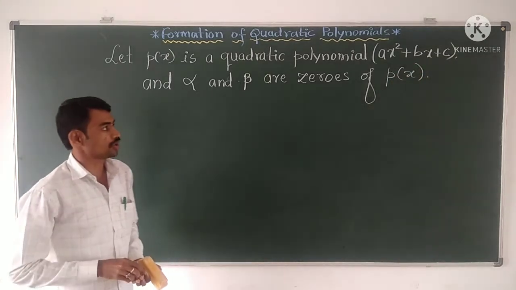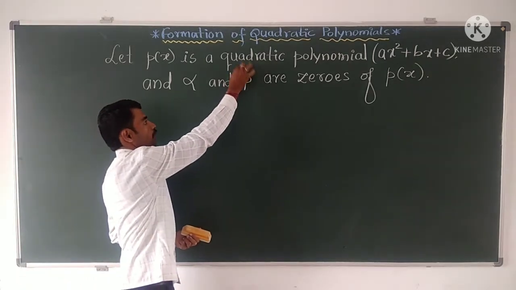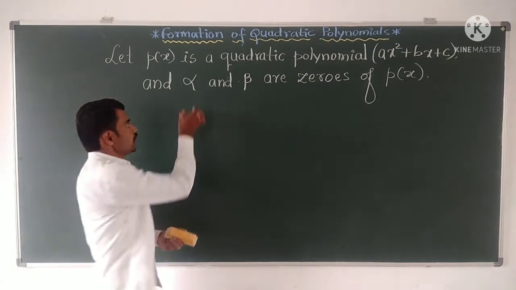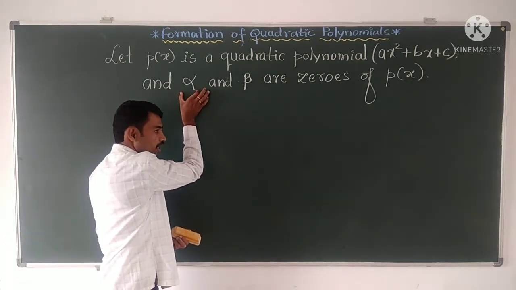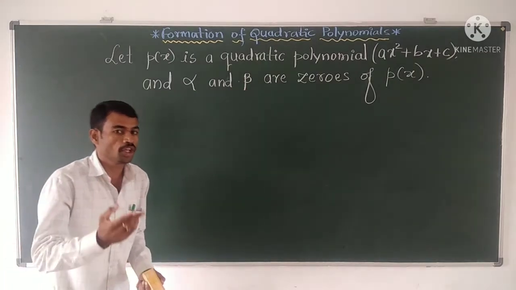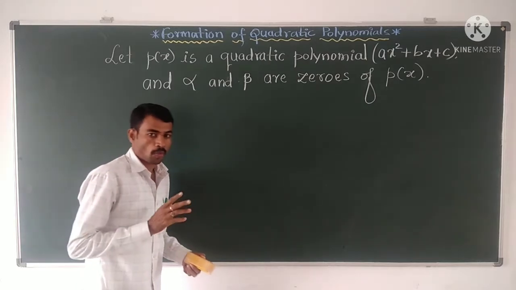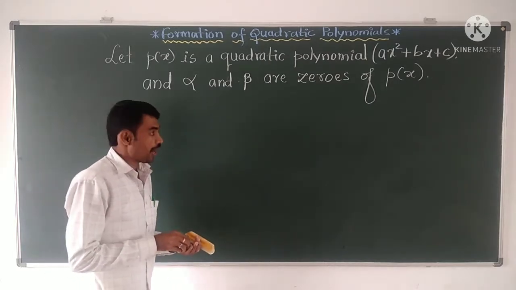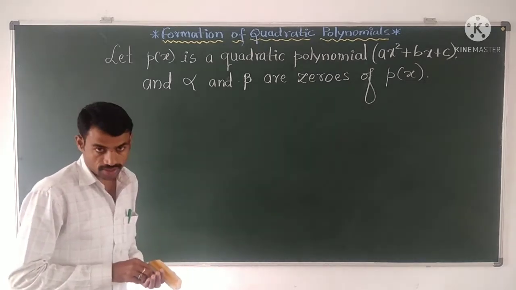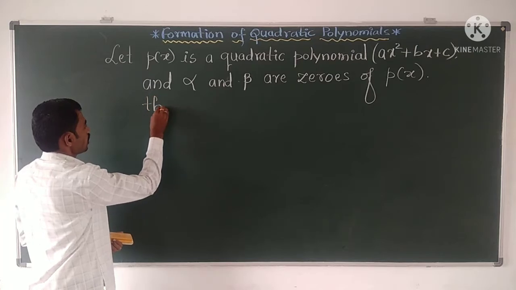These two are the zeros of the given quadratic polynomial. Suppose they give alpha and beta values, what do we need to do? We have to find their sum and we need to find their product. Clear? So at that time, how to write P of x?